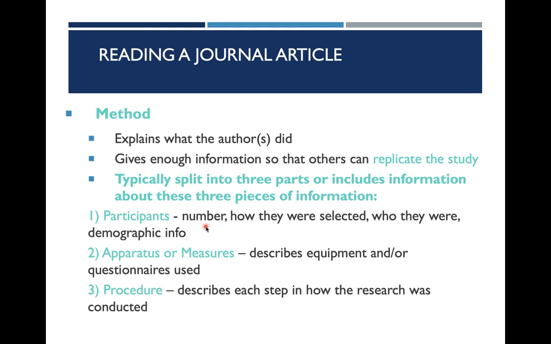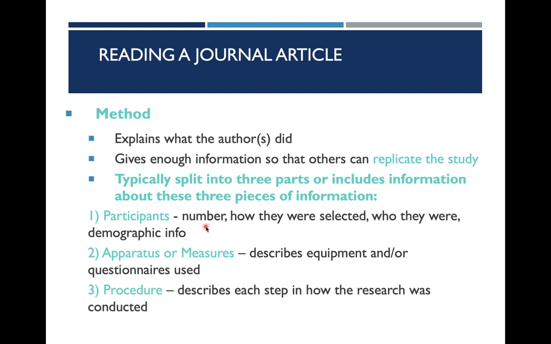And lastly, our third section is procedures. This is a description of the steps, right? People came into the lab at Georgia State University and were greeted by a research assistant. They completed demographic information before entering the lab. They then sat down at the computer for 25 minutes to complete our measurements of aggression, right? Whatever.